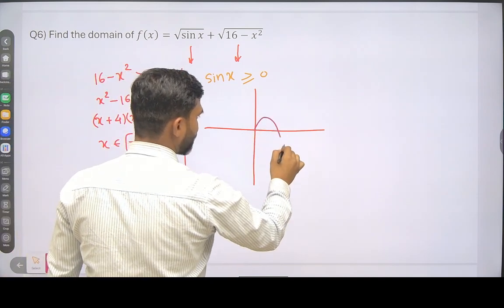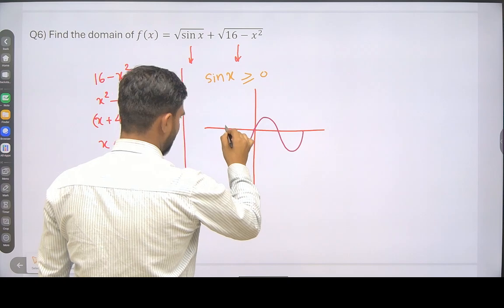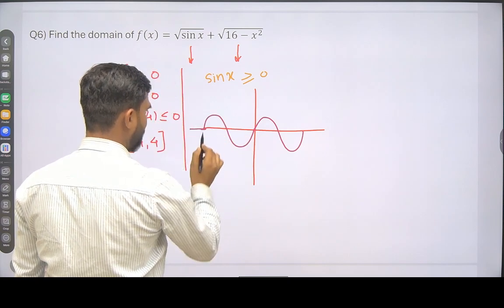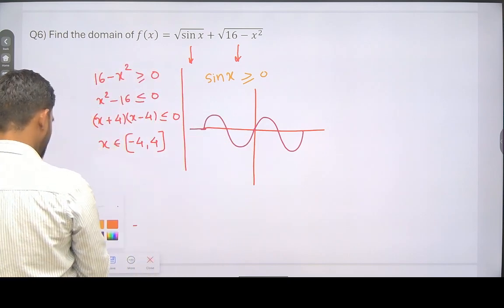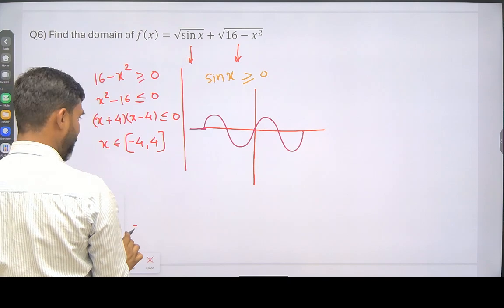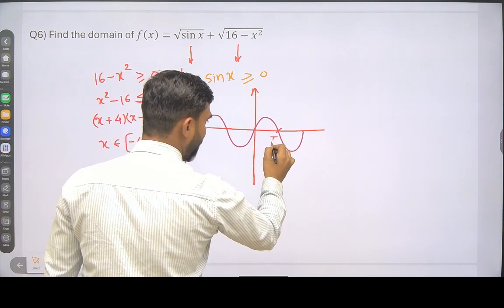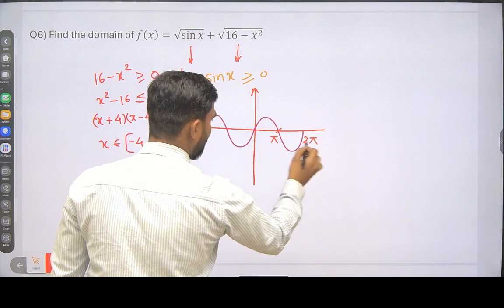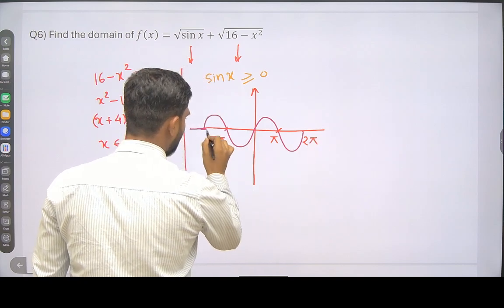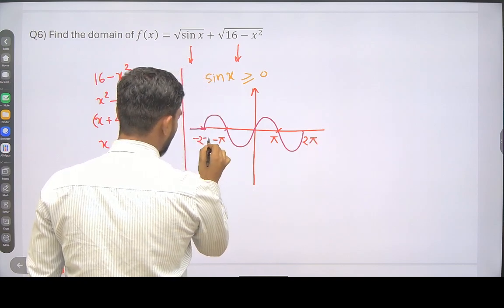So this is the graph of sine x, right? See here. So this is basically pi. This is 2 pi. This is minus pi. This is minus 2 pi, right?